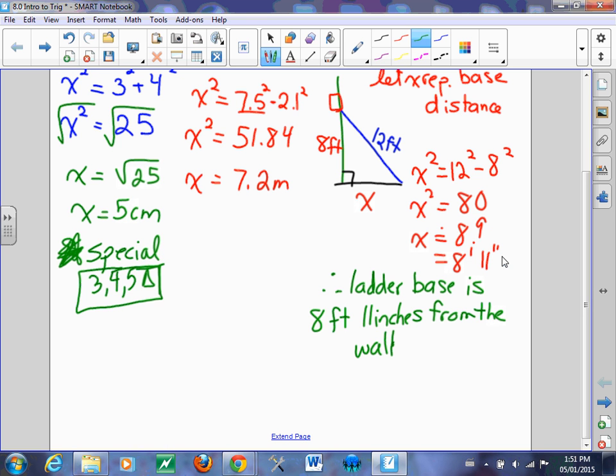As long as you realize you can't have decimals in imperial. Okay? So just remember, imperial measurements can't have decimals.